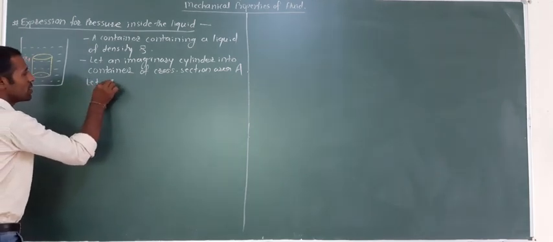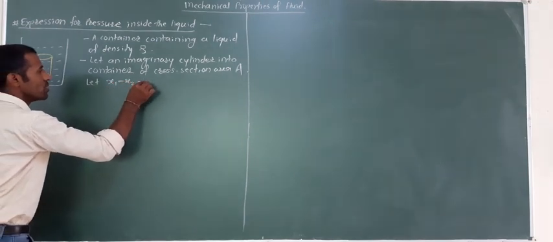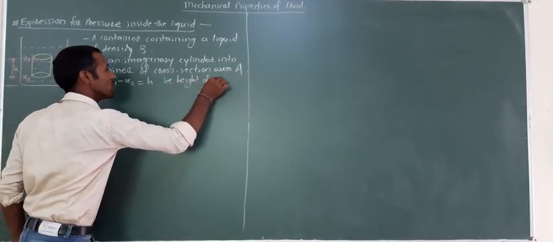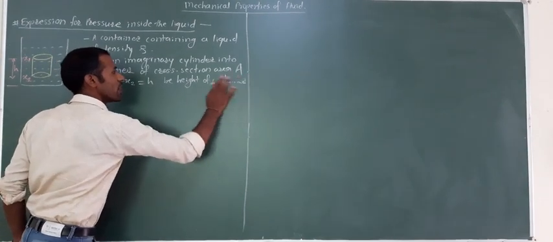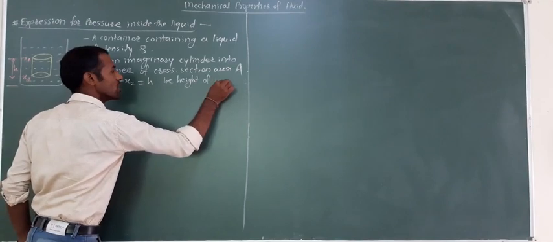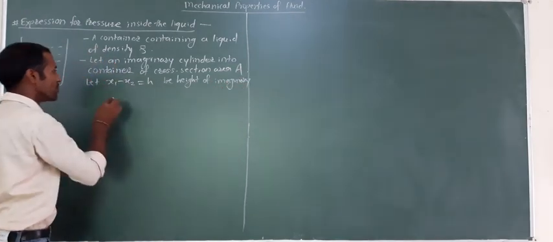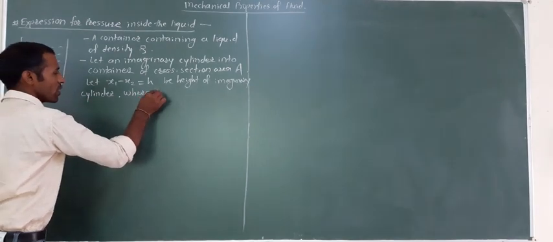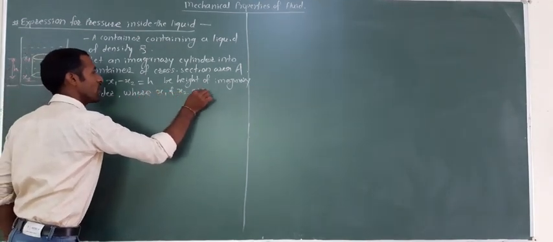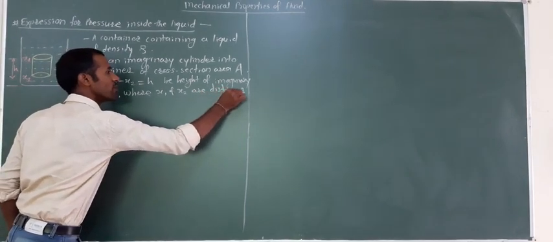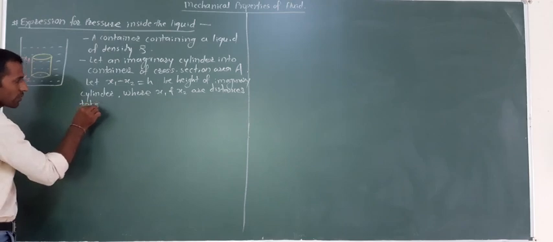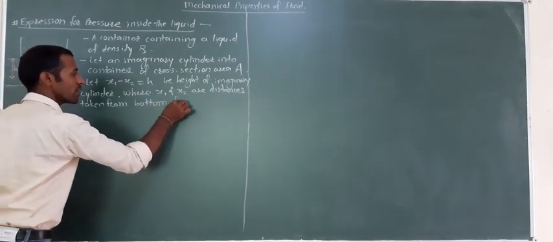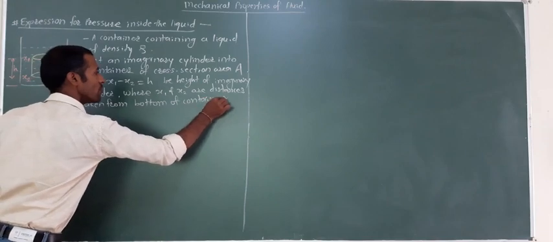Let x1 minus x2 be equal to h, the height of the imaginary cylinder, where x1 and x2 are distances taken from the bottom of the container.